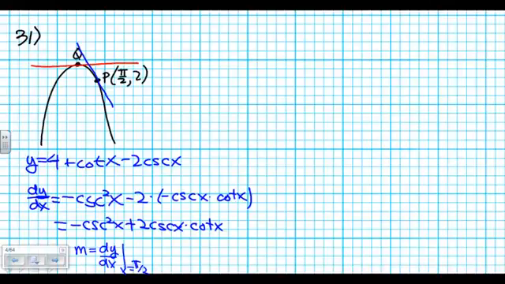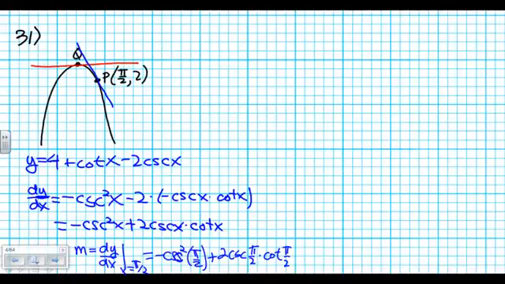All right. So the slope is the value of the derivative when x is equal to pi over 2. So I get negative cosecant squared of pi over 2 plus 2 cosecant of pi over 2 times cotangent of pi over 2. At pi over 2, sine is 1 and cosine is 0.